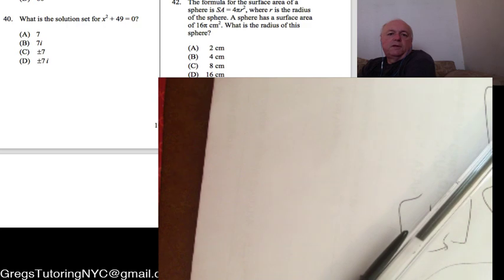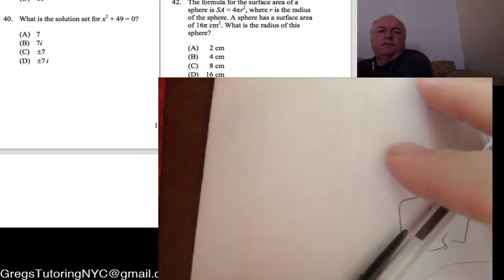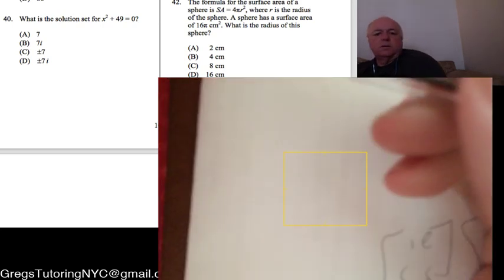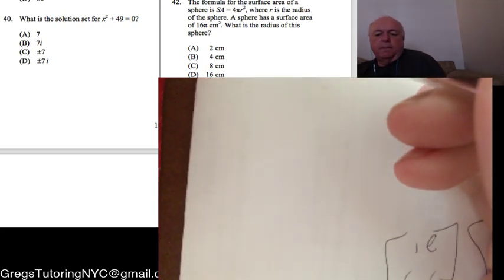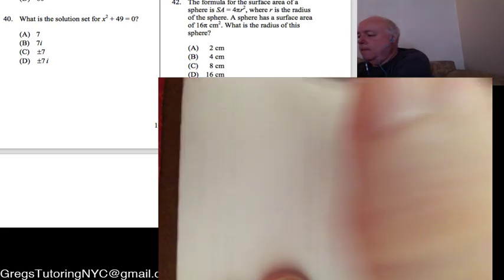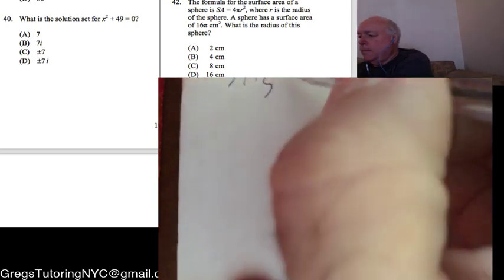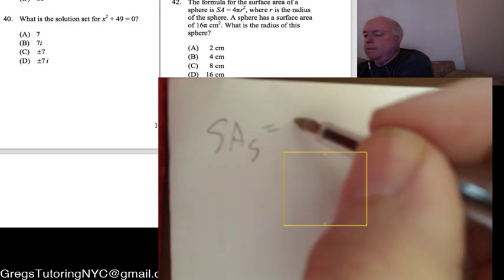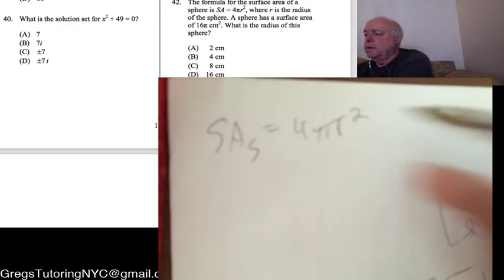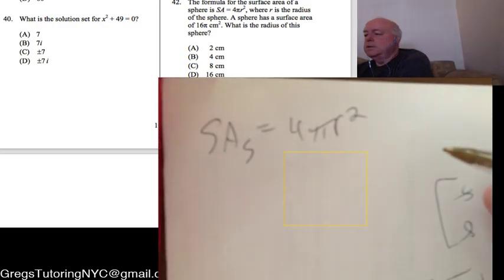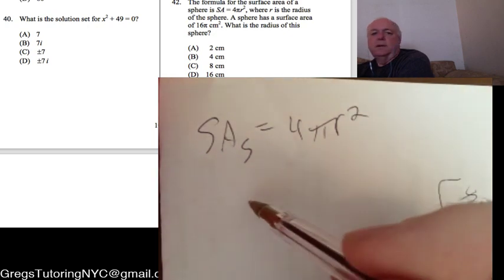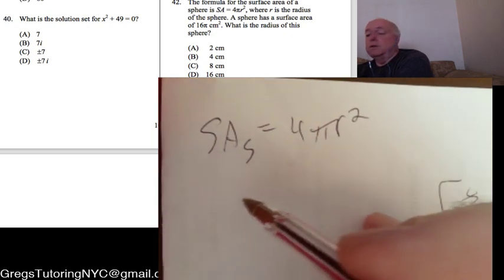the formula for the surface area of a sphere is SA equals 4 pi r squared. Okay? Where r is the radius of the sphere.